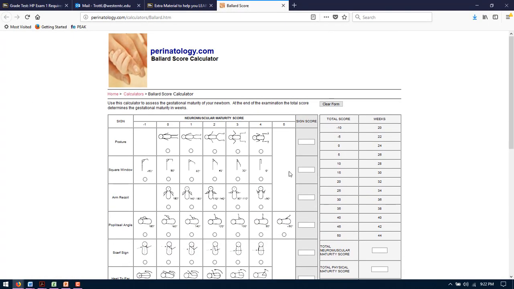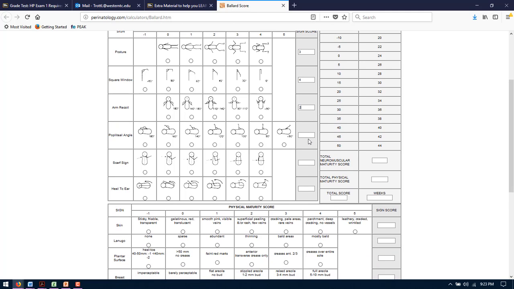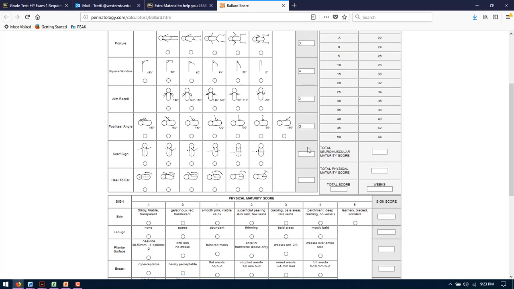It's a calculator. So if you're looking at posture, which we will go through all of these, maybe the baby is scoring a 3. Square window, they're scoring a 4. I'm just putting in numbers here.